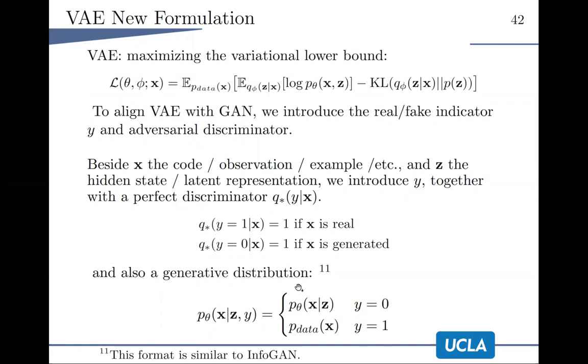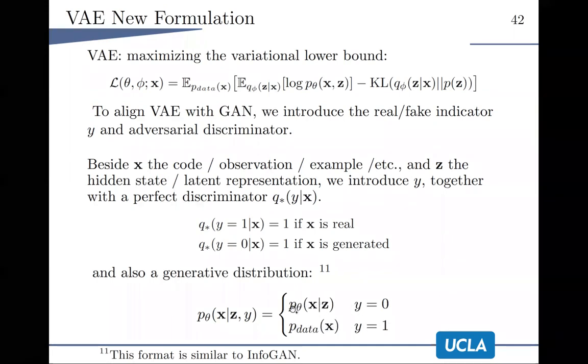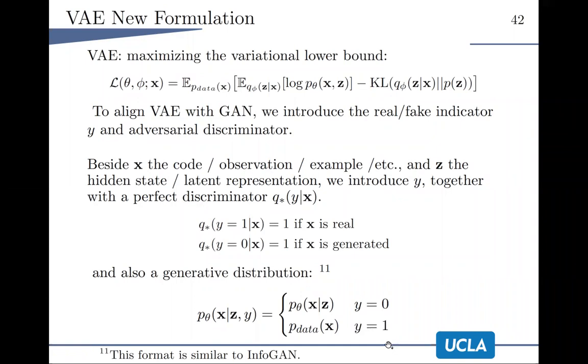Also the generative distribution, instead of being only X over Z, is X over Z and Y. Depending on different Y values, if Y is equal to 1, which means this is the real data, we only sample from the real data.